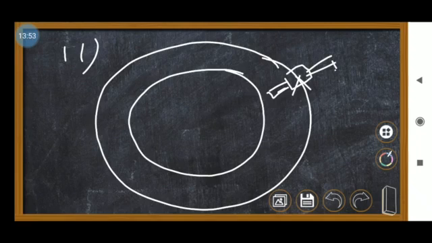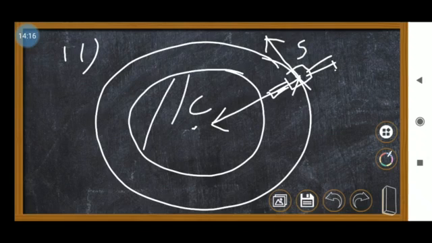As I said in my last class, whenever any object is revolving around another object, its displacement must be in the tangential direction. Once you release it, it will go in the tangential direction. So the displacement is in this direction, but the gravitational force is towards the center of the earth.